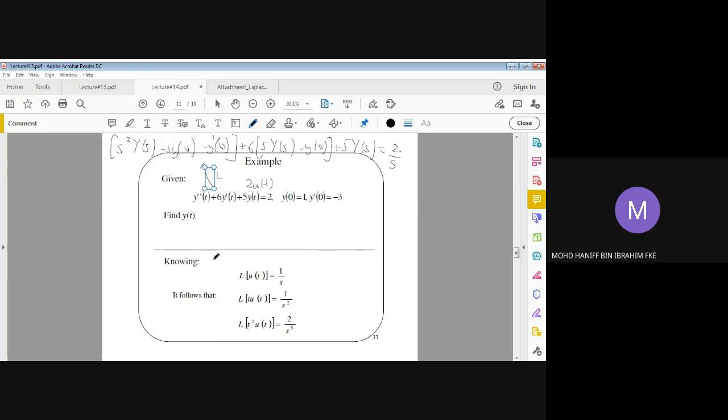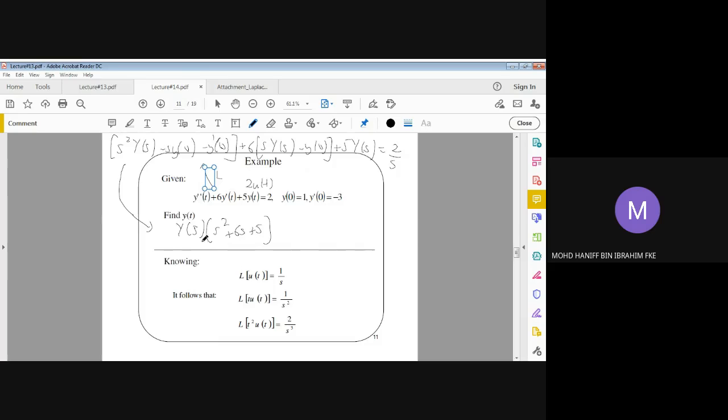Okay, so what we have to do now is rewrite the equation in which we want to find Y(s) basically. So when we write it here, we take out the Y(s), and we're going to have it as s squared plus 6s plus 5.